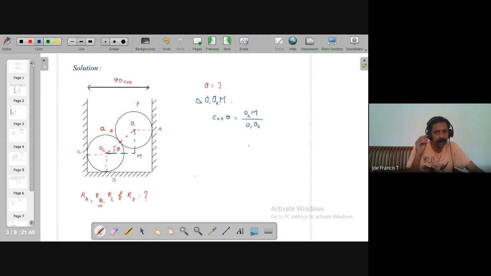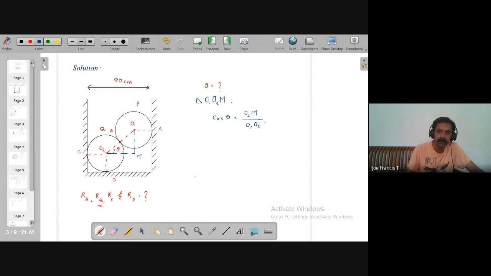You can find all these values of O2M and O1 O2. How much will be this O1 O2M? You know that the width of the channel is 90 centimeter. So from this 90, if you reduce O1A and O2C, you can get O2M.